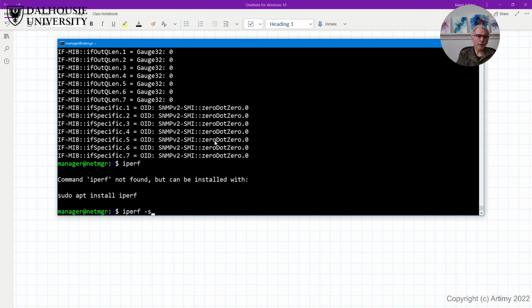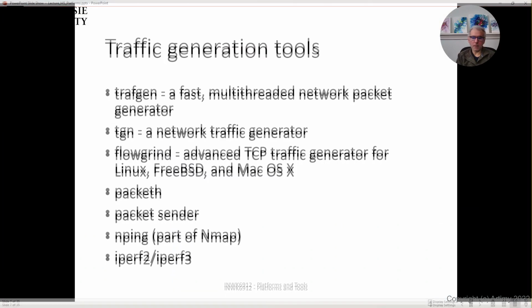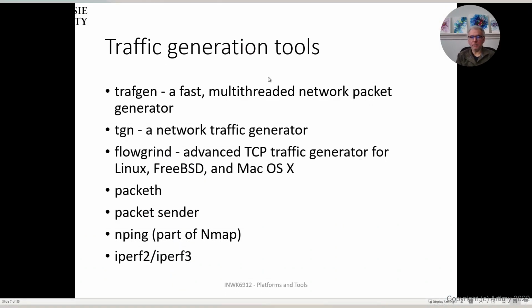And then go to another device and put the destination and -c, which means this is a client, and then a bunch of other information, and that will generate traffic between the two systems, right? And I can specify TCP or UDP. I can specify which ports I can test, and so on and so forth. So that's good for generating traffic.